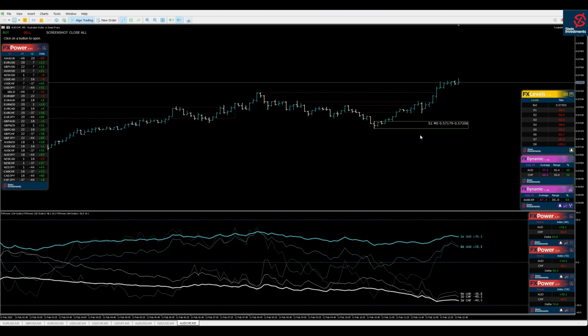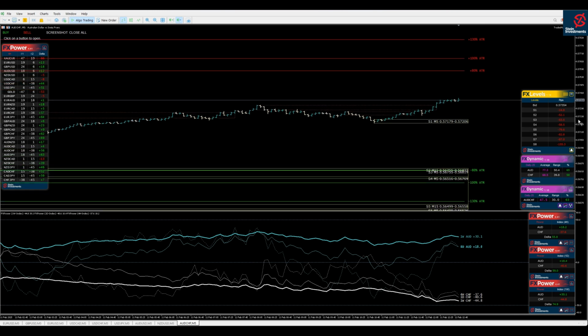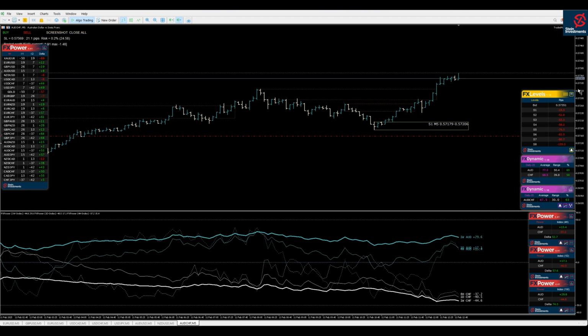We have a new support level here, which would mark our stop for a trade, and there is no resistance inside, so I would use probably the 80 or 100% ATR as profit target. That said, let's place the trade, and we'll see what happens.